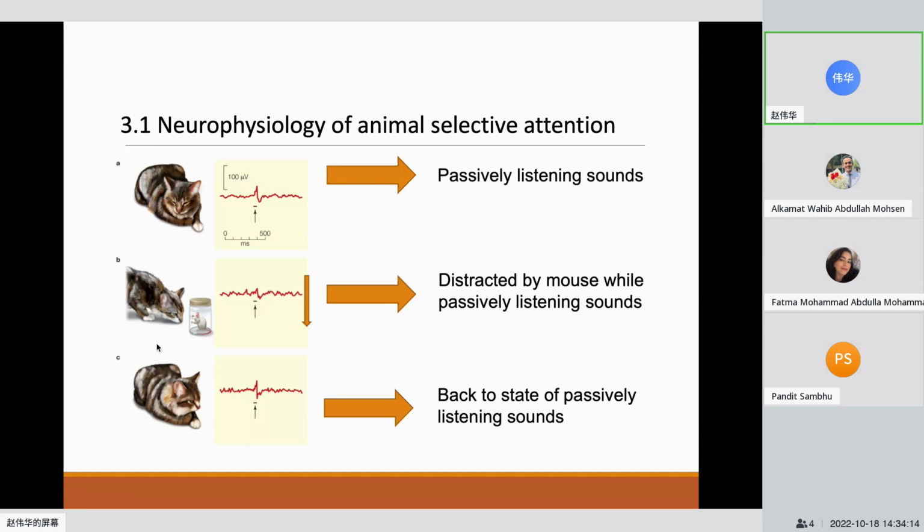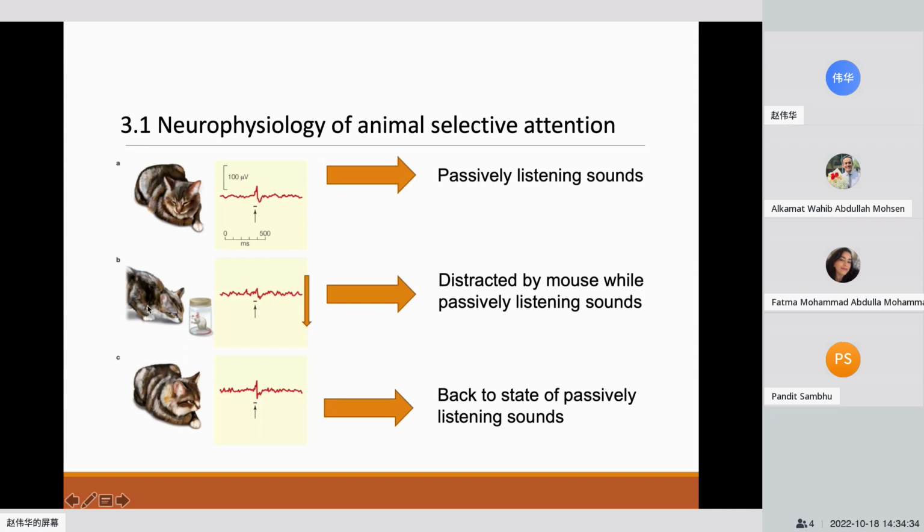the ascending auditory pathways. For figure A here, a sound was played to a cat through a loudspeaker. In this one, the cat only needed to passively listen to the sound.